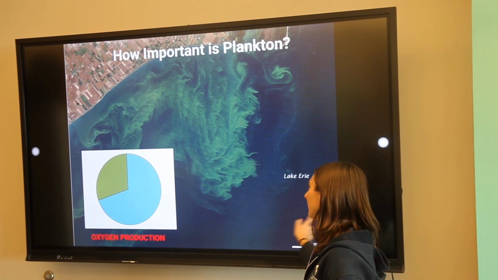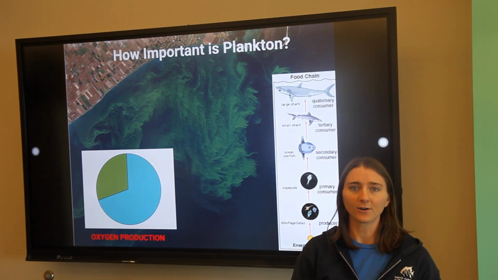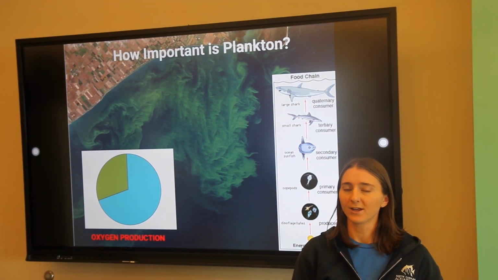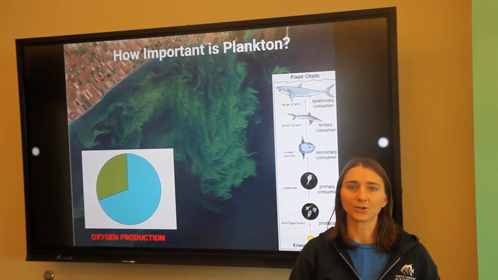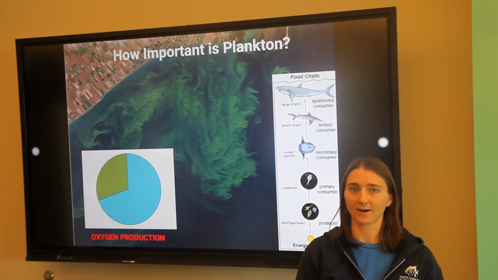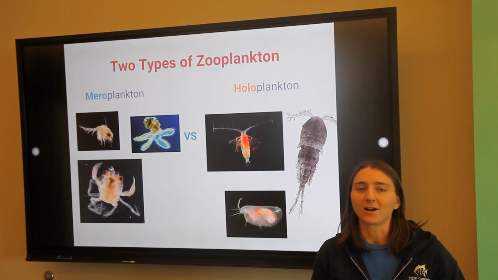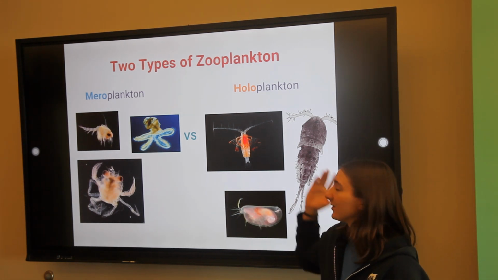Phytoplankton are also at the base of the food chain, so they're going to use photosynthesis, energy from the sun, to make their food, and then everything else in the ocean can have their food because they're at the bottom of the food chain.